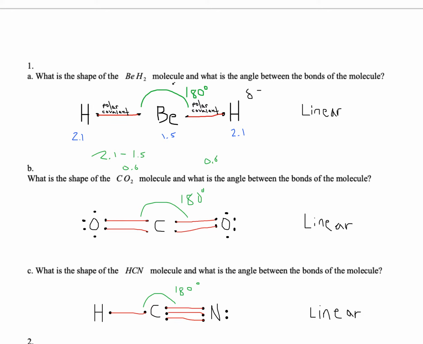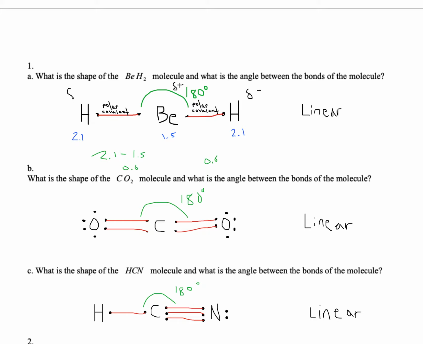And we want to put a delta positive on beryllium. The electron is more attracted to hydrogen than it is to beryllium, so that leaves hydrogen with a slightly negative charge when that electron is hanging out near it more than beryllium.